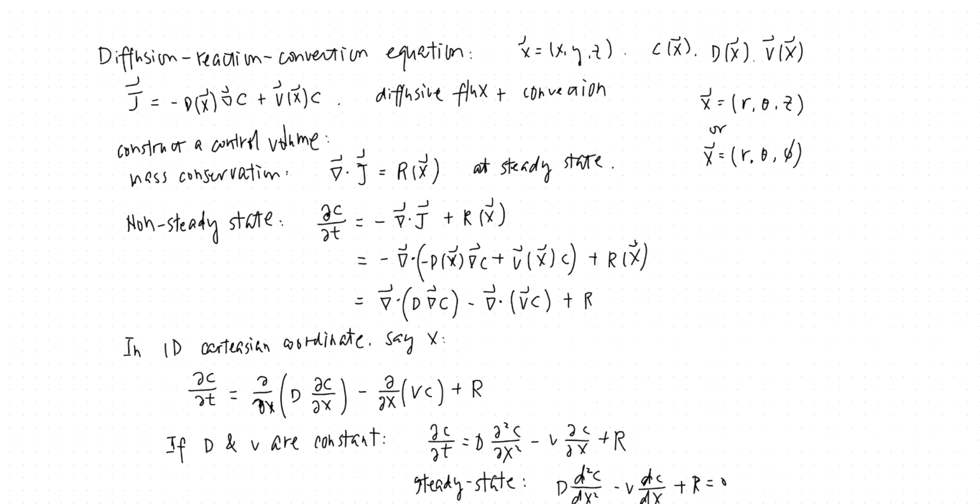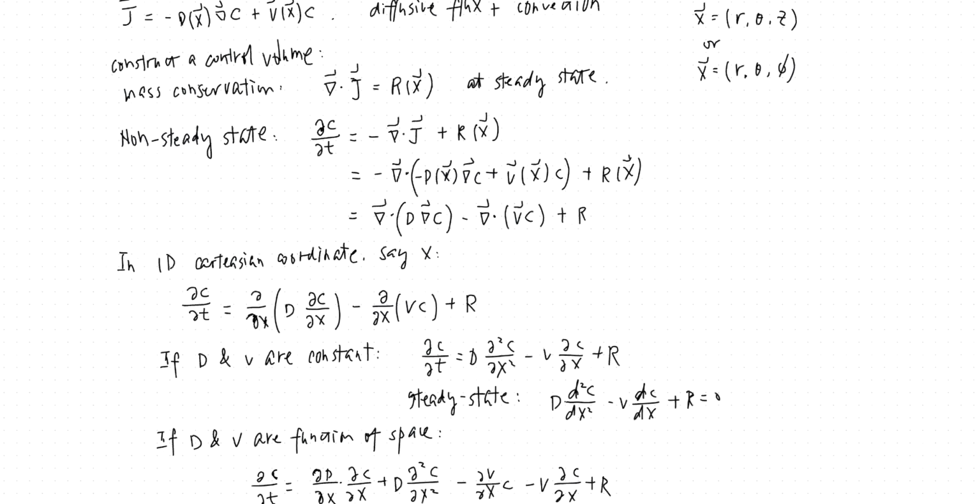And once you have the flux expression, you have the conservation law, and then you can generate it. So let me put down this equation. This is a very generic diffusion reaction advection non-steady state equation, and it's not something mysterious coming out of nowhere. It comes from conservation of mass over a control volume.